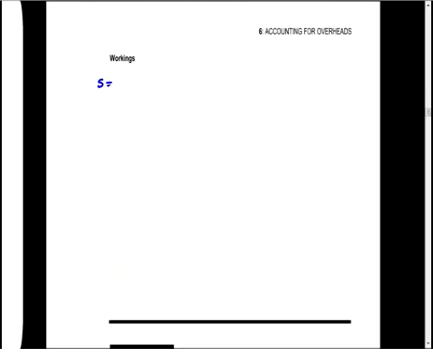So S is equal to 90,800 plus 15% of C, and C was 23,600 plus 0.2S. So if we expand out the brackets, 0.15 multiplied by 23,600 is 3,540.